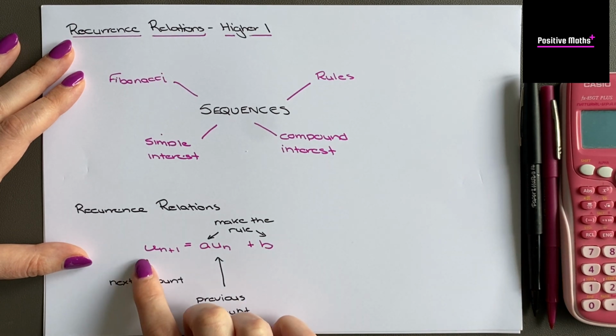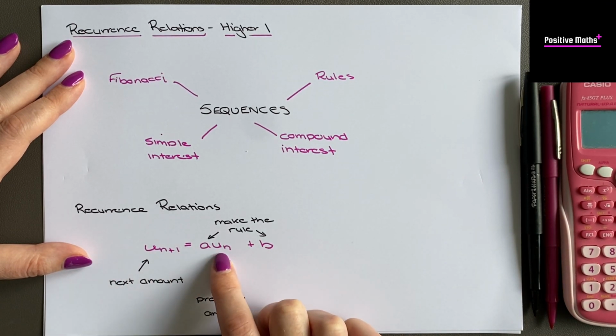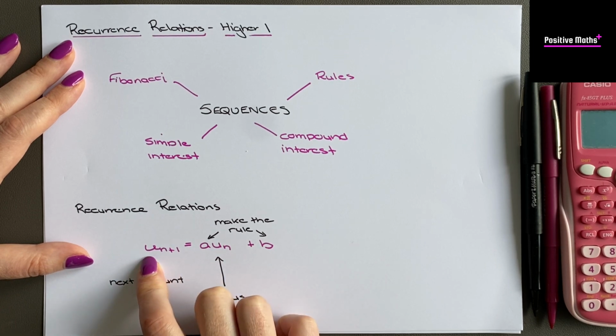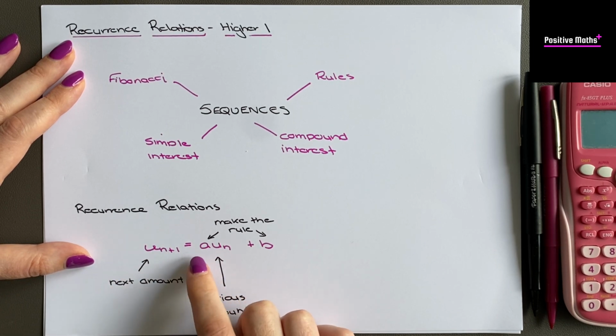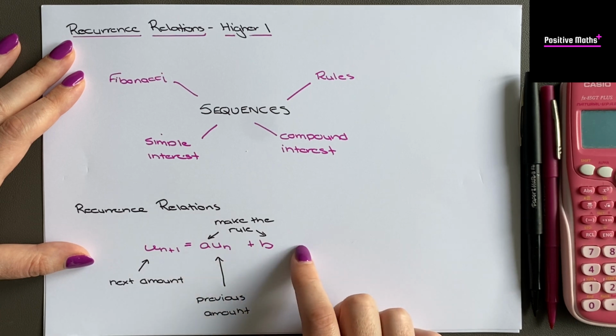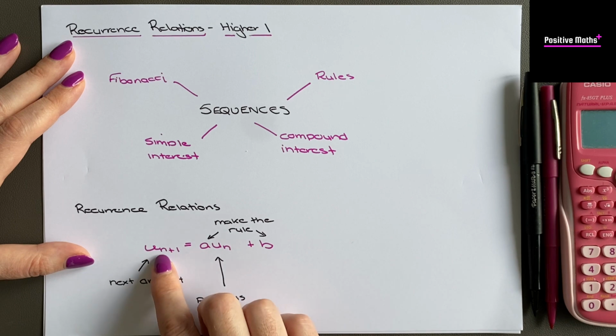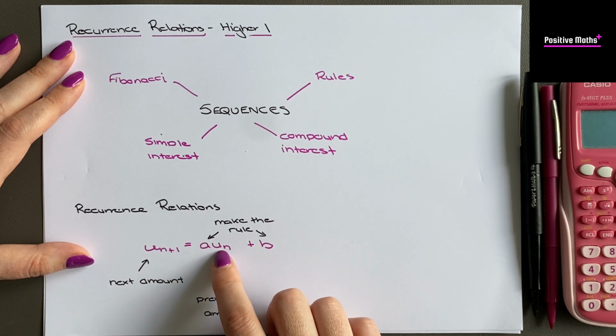Now, this doesn't necessarily need to be a U, but it needs to be the same in both. So it could be a V, so Vn plus 1 equals a Vn plus b. It could be Bn, whatever. It would just be whatever the n plus 1 is, you would use the same letter, but it would just be n over here.